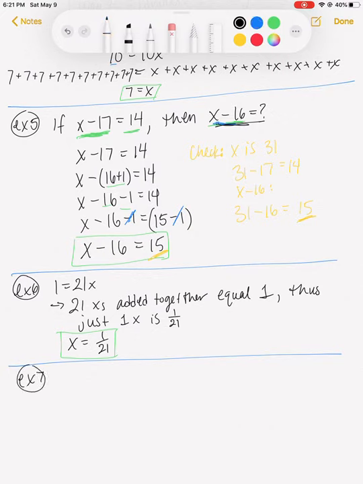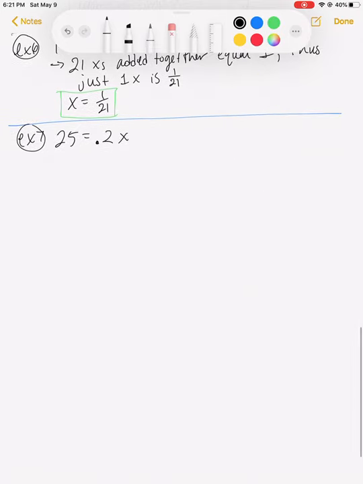Example number 7. 25 is equal to decimal 0.2 x, or 2/10 x. Okay, we want to be able to reason about this equation in its entirety. What's going on with the x, and what will happen to the 25 if we just get x by itself? Well, we know that the operation on the x, 0.2, is 1/5.